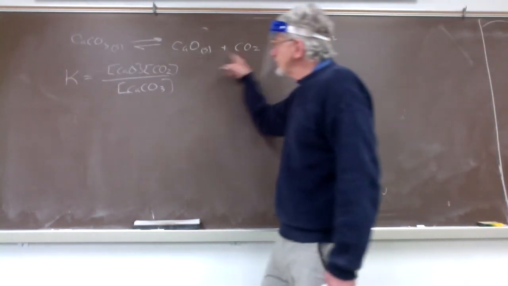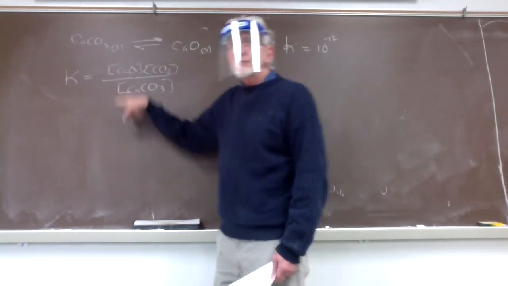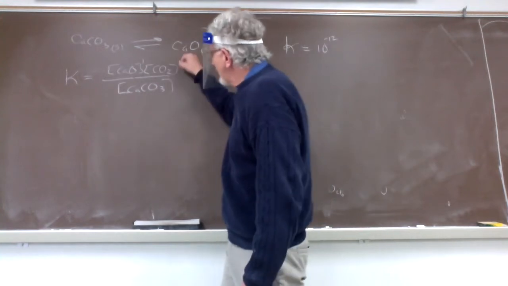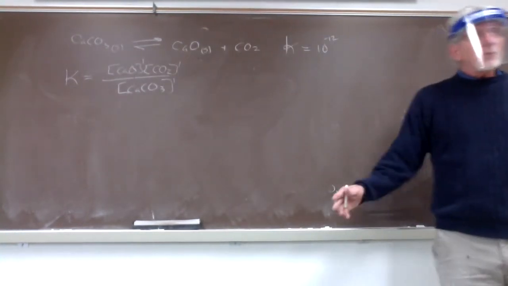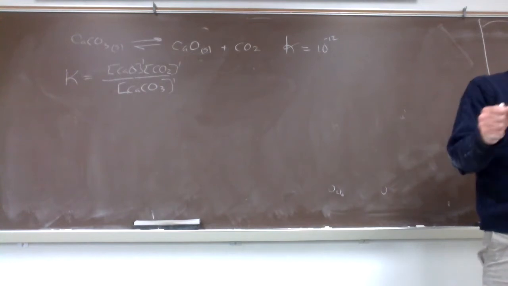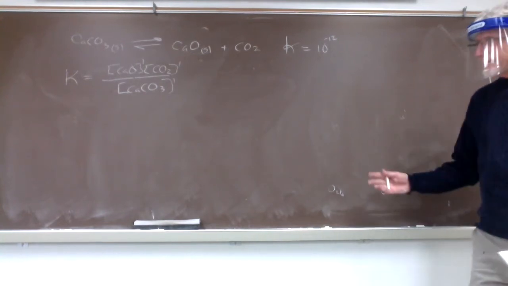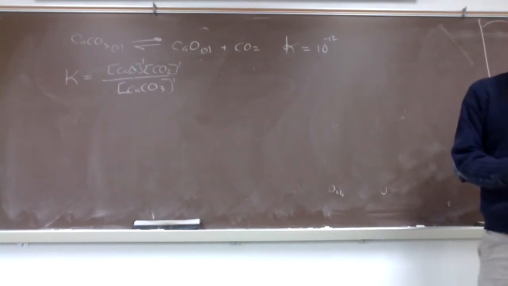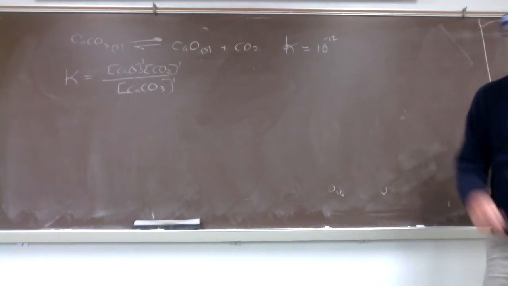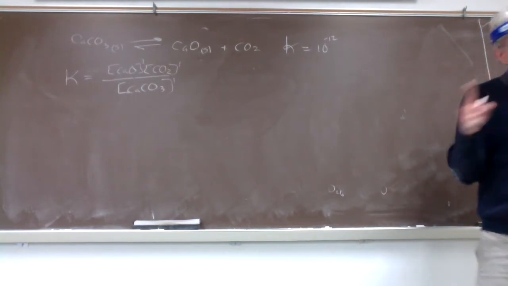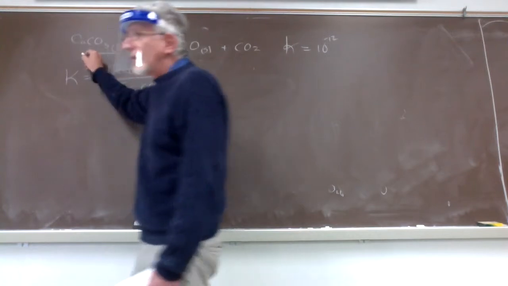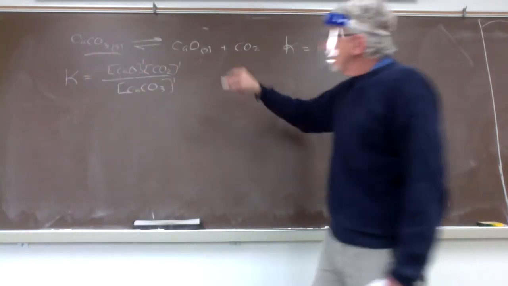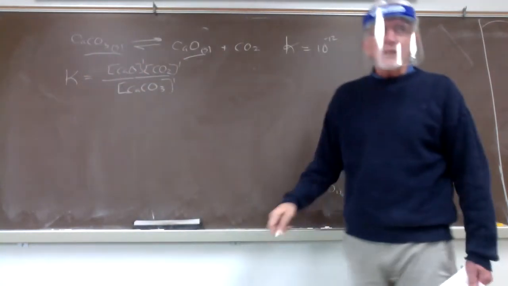Product concentrations over reactant concentrations, each raised to a power equal to its stoichiometric coefficient. That seems appropriate. It's not right, it's wrong. But not because it's any different than anything we've said so far in terms of how to write those out. There's a new thing that we have to introduce here, and that is, notice that the calcium carbonate is a pure solid, and the calcium oxide is a pure solid.